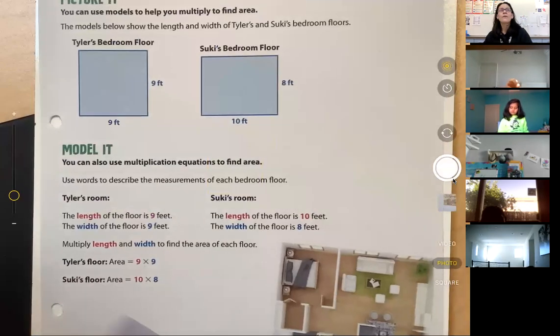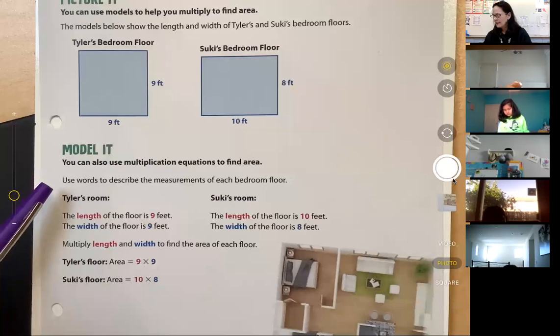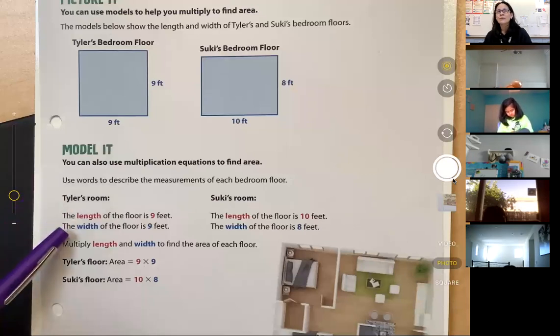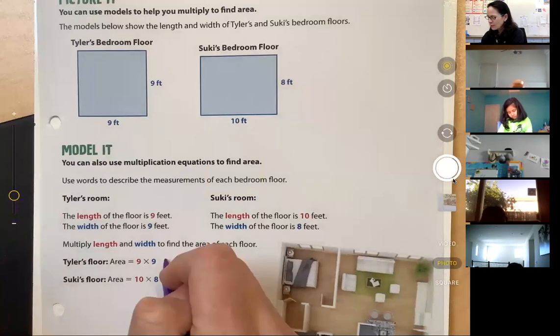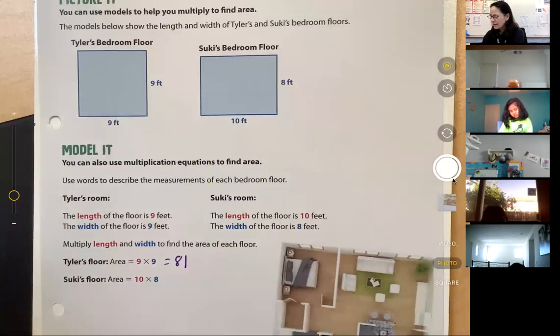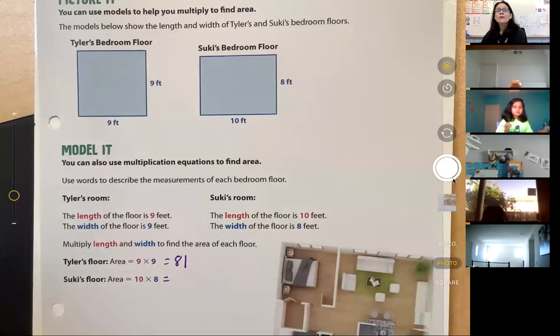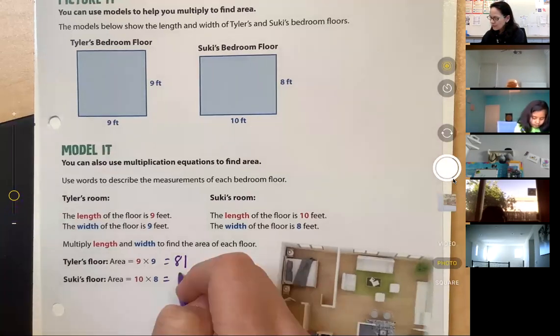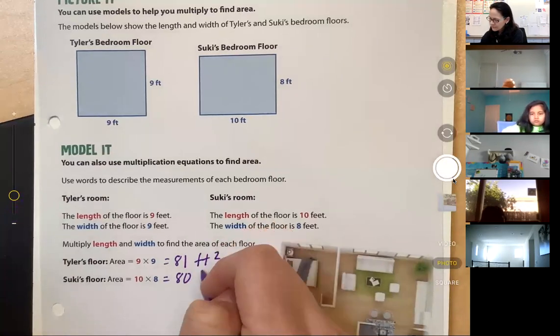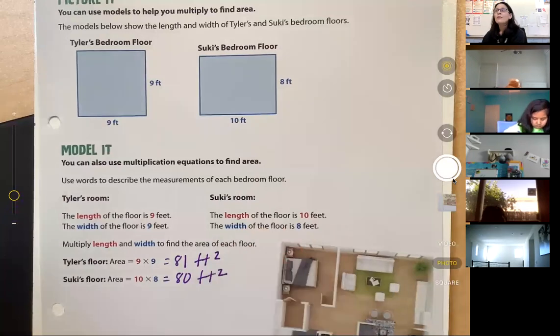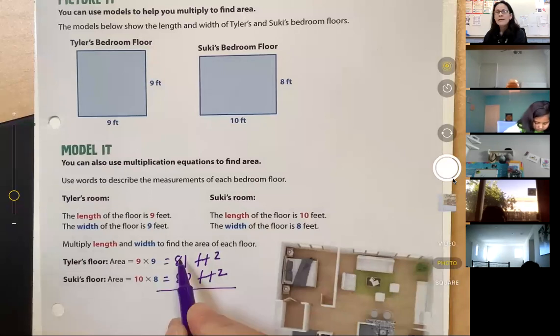You will see down here on the model it where it says that you can also use multiplication equations to find it. The length is in red, the width is in blue. And they're giving you Tyler's floor, 9 by 9, which of course is 81. We determined that is 81 square feet. We can see Suki's floor, 80, and we determine that square feet. And if we do the simple subtraction, friends, it is simply 81 minus 80.